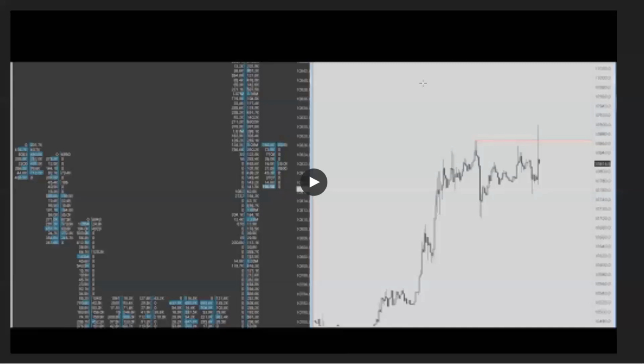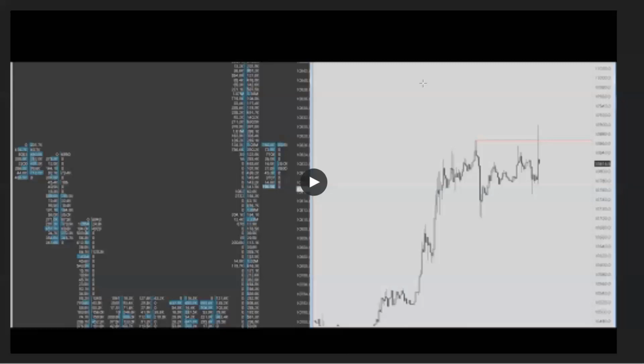And the great thing about the footprint chart is that it allows you to see statistically significant shifts in the order flow, something you just can't see on a candlestick chart. In other words, it allows you to see changes in the relative pace or intensity of market orders.